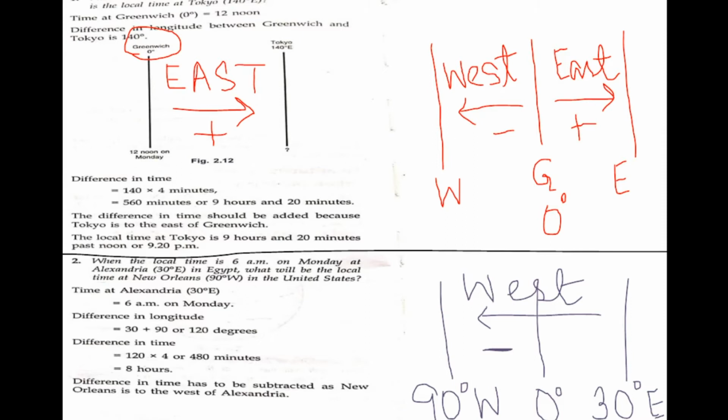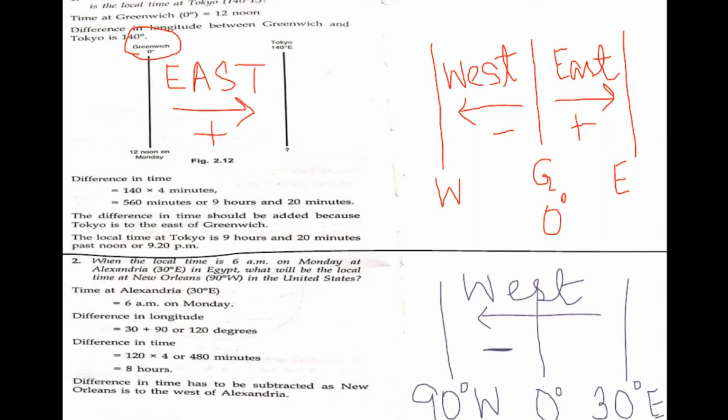Let's look at the first question. This is a question I took from the book so that you can follow along as the explanation goes through. Worked example: when it is 12 noon on Monday at Greenwich, what is the local time at Tokyo, which is situated at 140 degrees east?